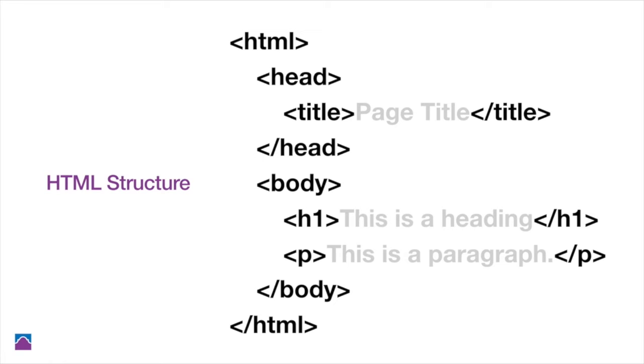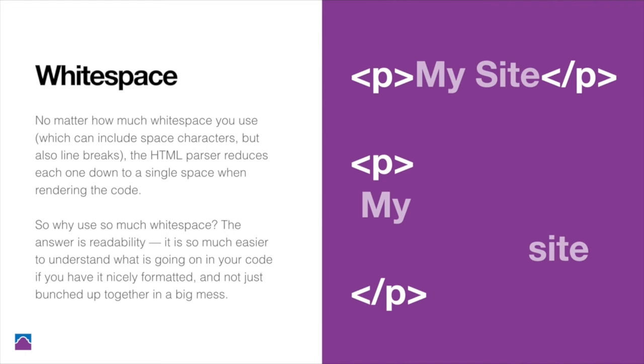So I'm just going to continue on. No matter how much white space you use, which can include space characters but also line breaks, the HTML parser reduces each one down to a single space when rendering the code. So why use so much white space? The answer is readability.